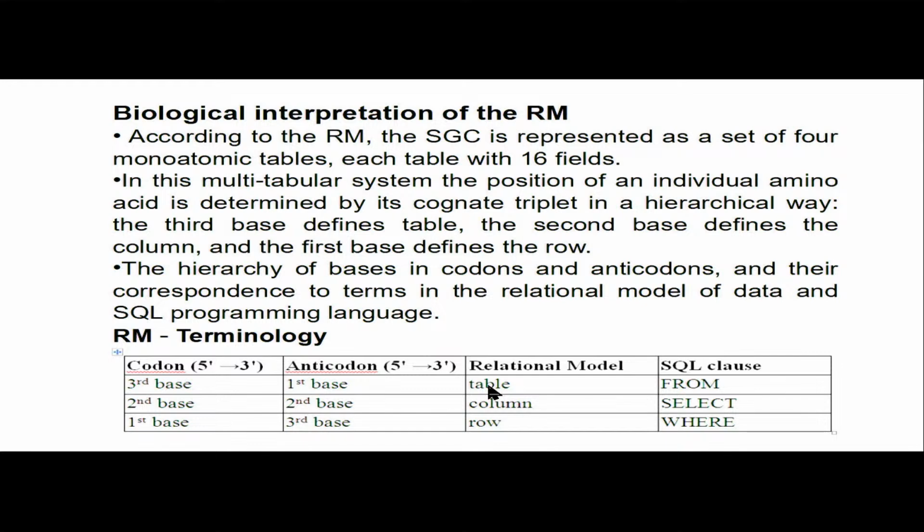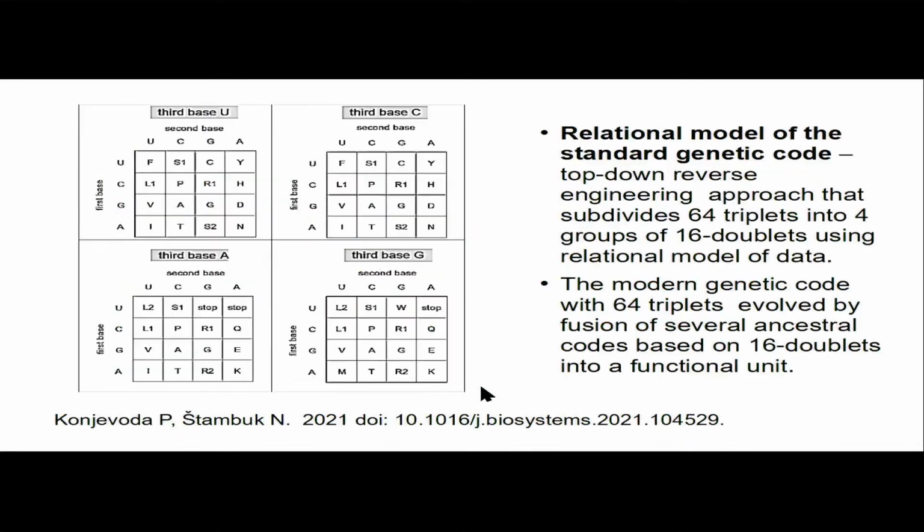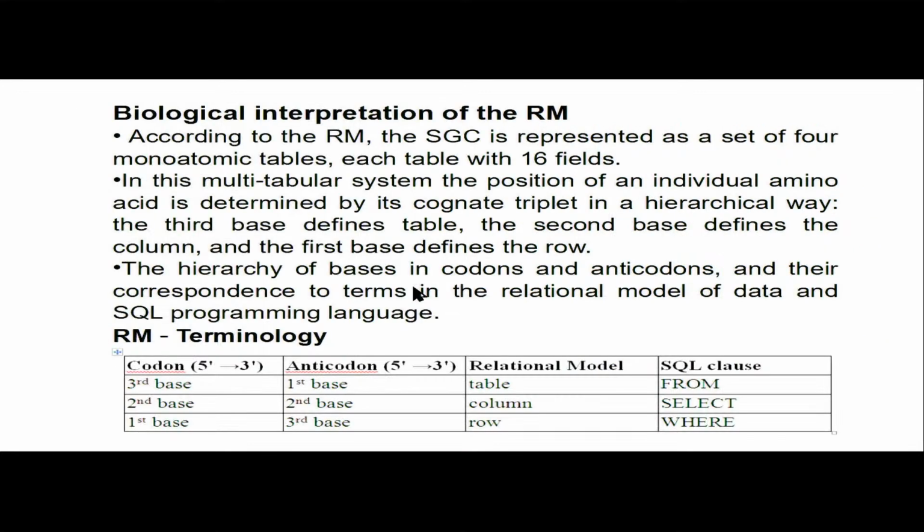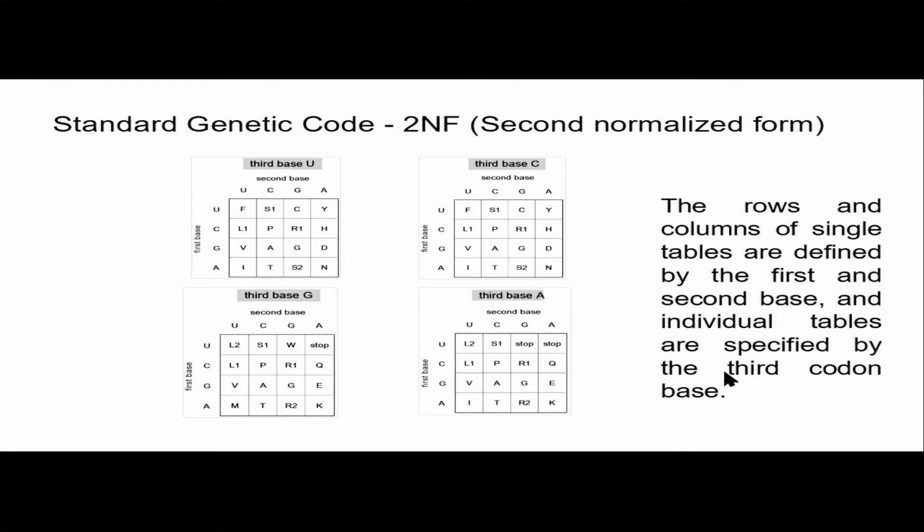So we have the first, second base table for U, first, second base table for C, first, second base table for A and for G. Second base defines columns, first base defines rows, and in SQL sense, the third base is from, select, where; those are instructions for the system.